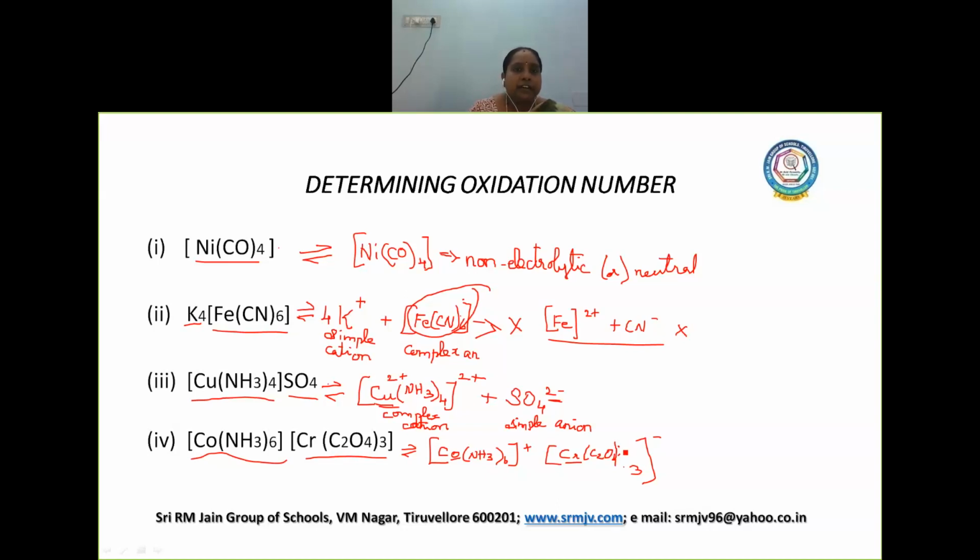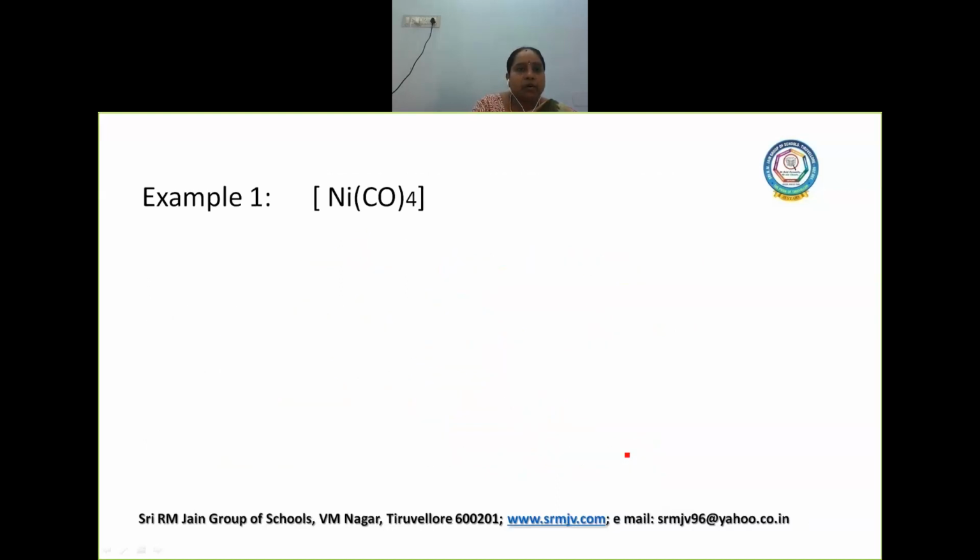If we identify this, it is easy for us to determine the oxidation state. Here, children, let us go for the examples now: how to determine the oxidation state of the central metal atom in different cases. Now we have our complex number 1, the nickel carbonyl complex.